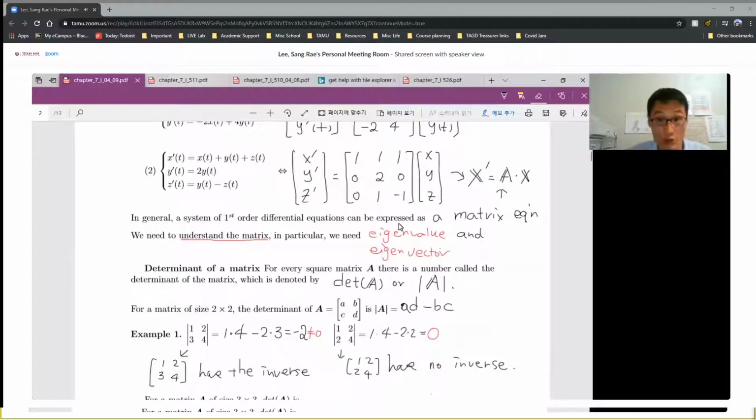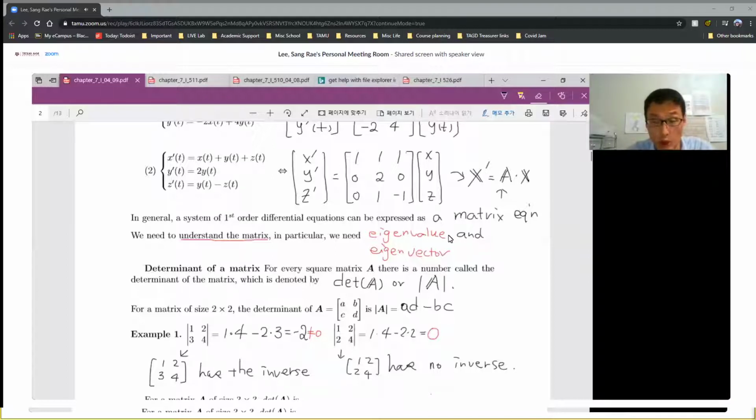So we want to understand the matrix, especially in terms of eigenvalue and eigenvector. Then we will use some theory to solve the system. To find eigenvalues, we need to know how to calculate the determinant of the matrix. To find eigenvectors, we need to solve a system of linear equations.